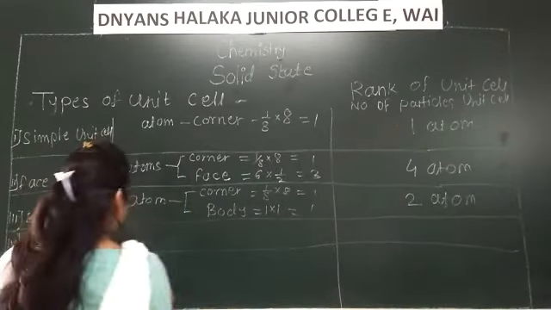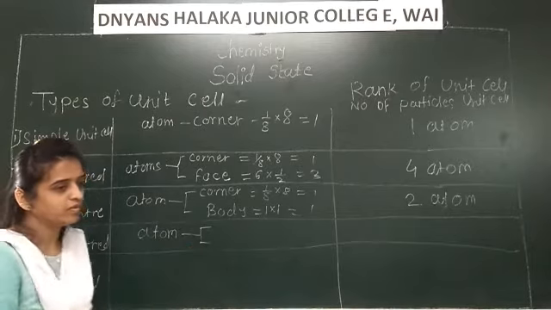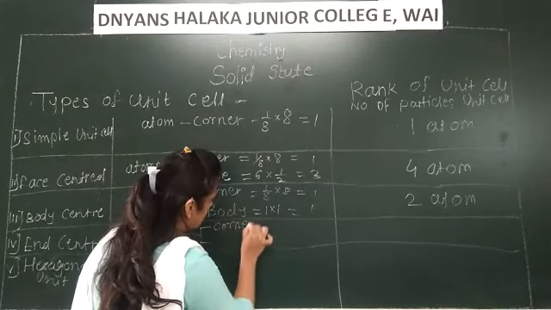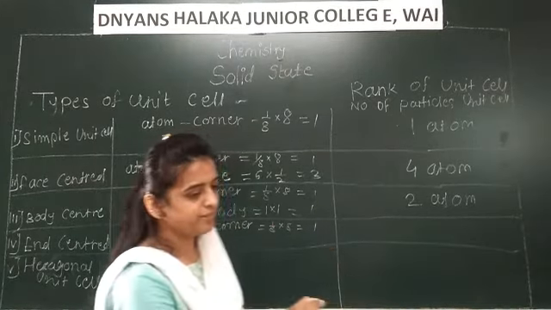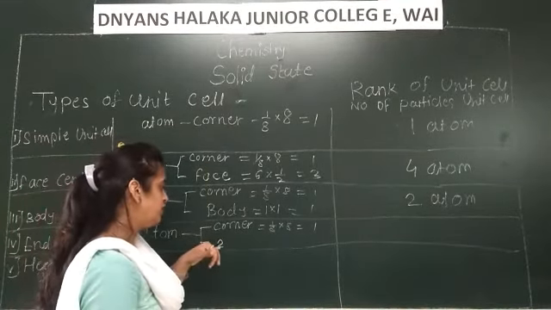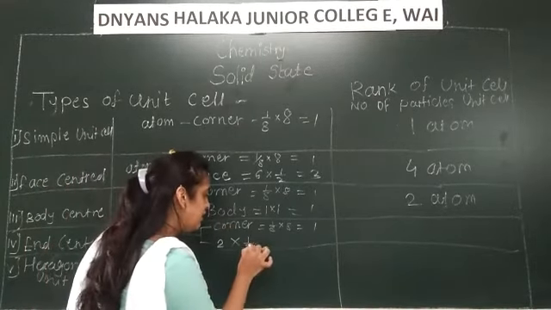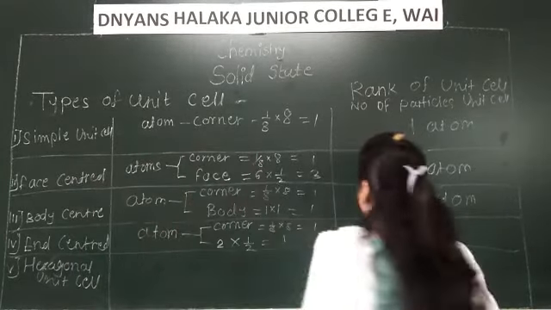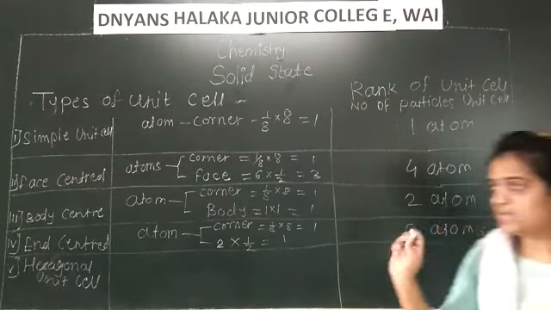Next, end center unit cell. In end center unit cell, corners: 1 by 8 into 8 is equal to 1, and in end center means 2 opposite faces. So we consider 2, and 2 spheres have only half portion inside this cube. So 2 into 1 half is equal to 1. So 1 plus 1 is equal to 2 atoms or 2 particles present in end center unit cell.